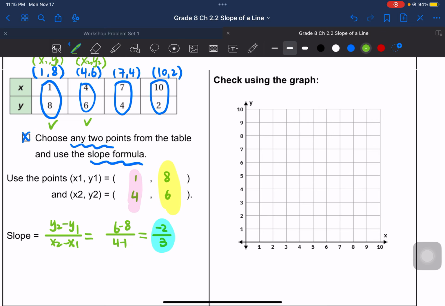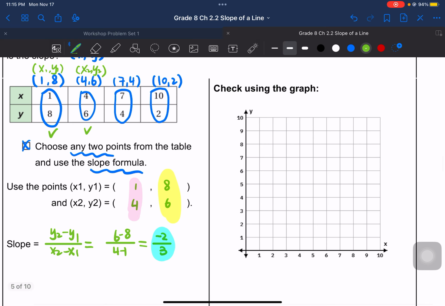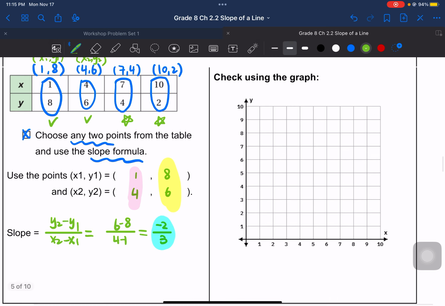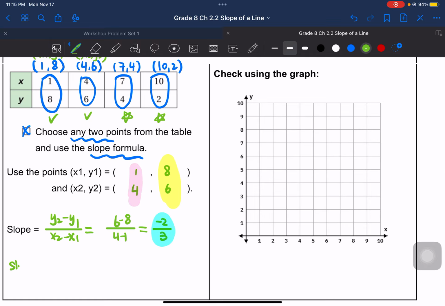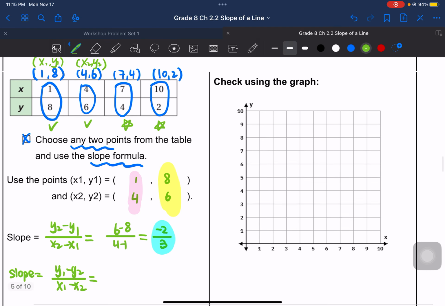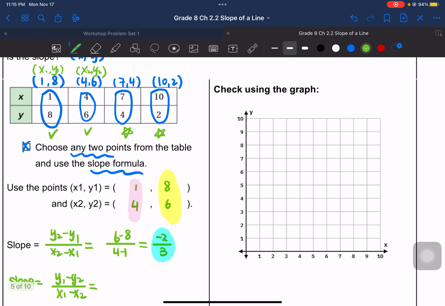And let's see, if we choose another 2 points, for example, the third one and the fourth one, and I want to use the inverse direction. So our slope would be, since I'm using the inverse direction, y1 minus y2 over x1 minus x2. So in this case, I still choose the third as my x1, y1, and the fourth as my x2, y2.